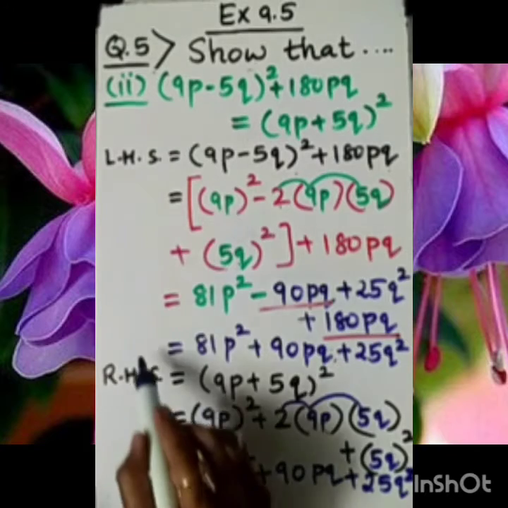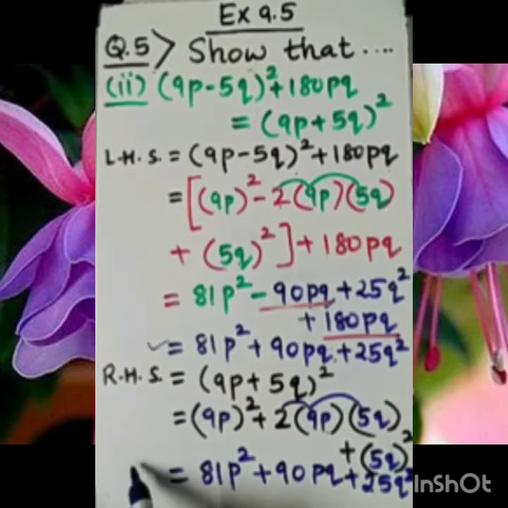Now observe. What about this RHS? LHS and RHS, are they similar? Just check it. Of course, the full expressions are equal. Both are similar. You can see all these terms are similar, no change even in sign. So the final answer we need to write: hence LHS equal to RHS.